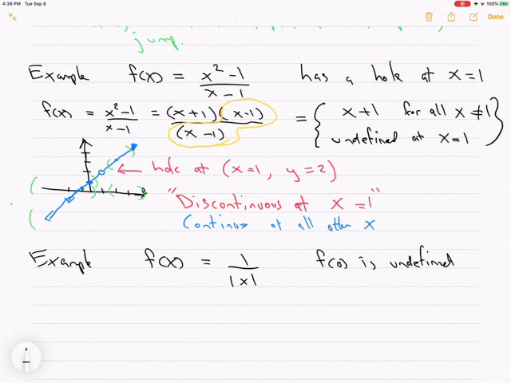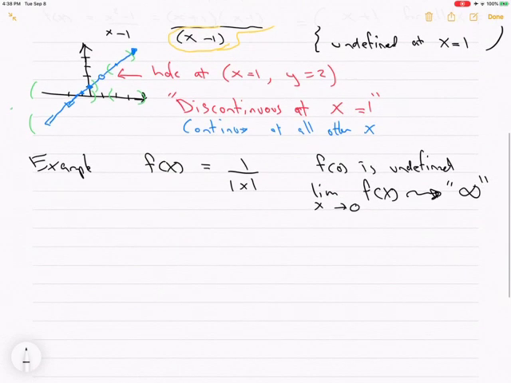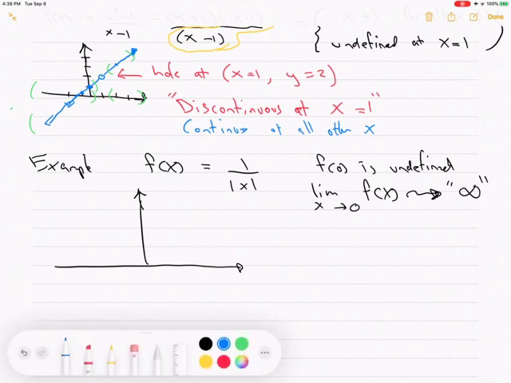But note also that the limit as x approaches 0 of f of x is going to infinity. One way we can see that is just by looking at the graph. 1 is positive, the absolute value of x is positive, so it only spits out positive numbers.